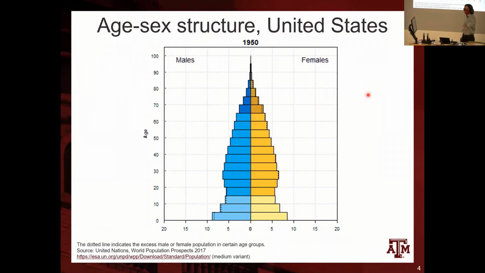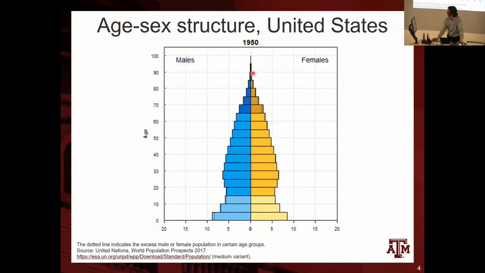Not only population size, we also experienced changes in the US in terms of age-sex structure, more specifically in terms of age structure, because you have a decline in fertility. In this age-sex structure for males and females by age groups, we still have a high number of children by 1950.